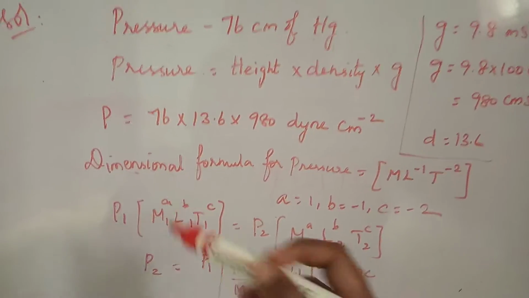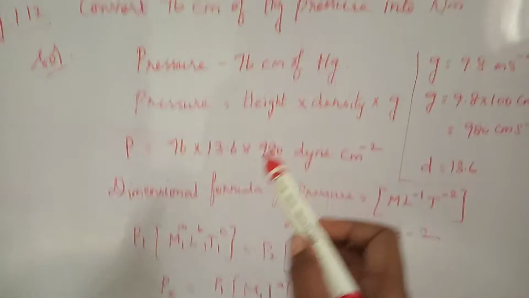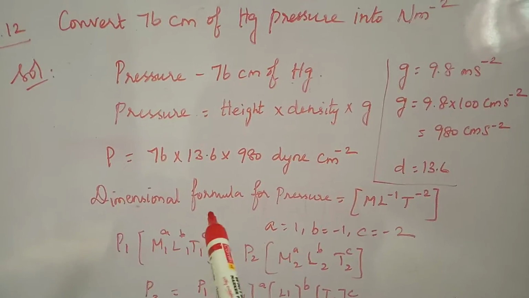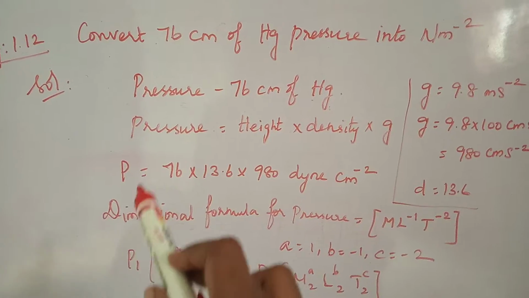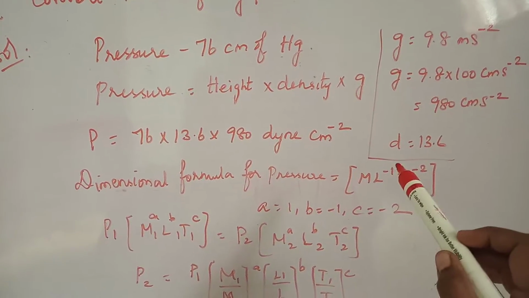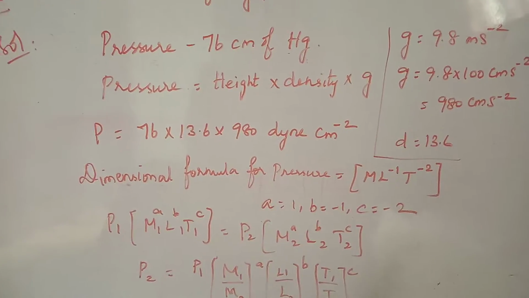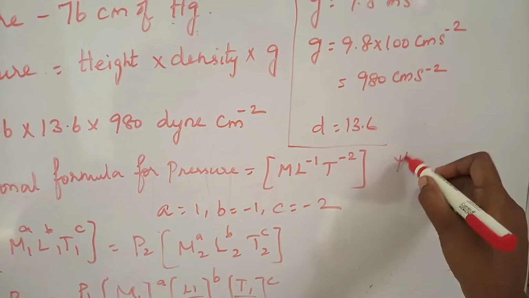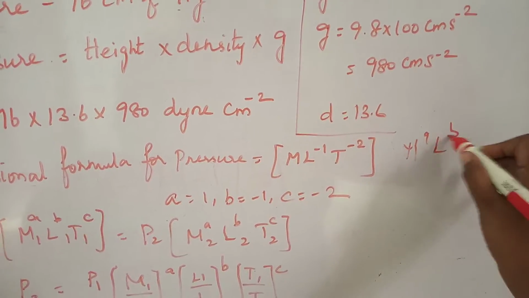This is the number. You're going to convert it using the dimensional formula. So what are we going to convert? For pressure, the dimensional formula is M L power minus 1 T power minus 2. The general formula, how do we write it? M power a, L power b, T power c.